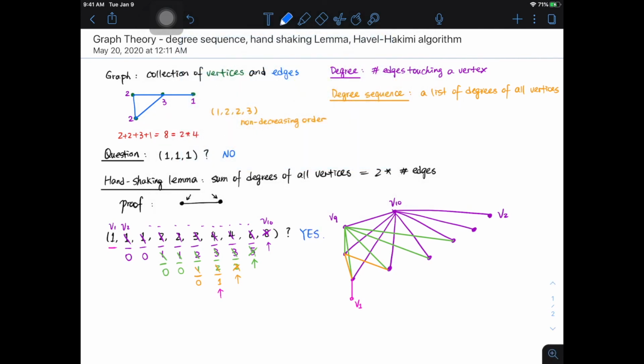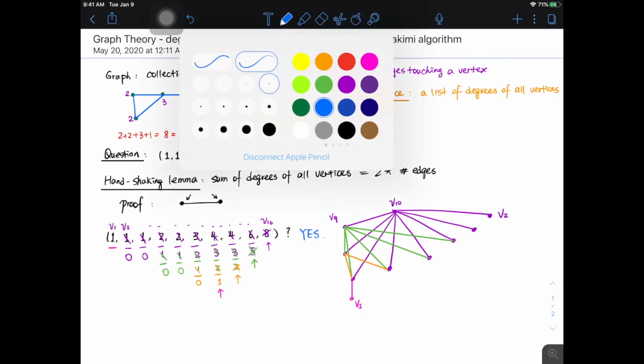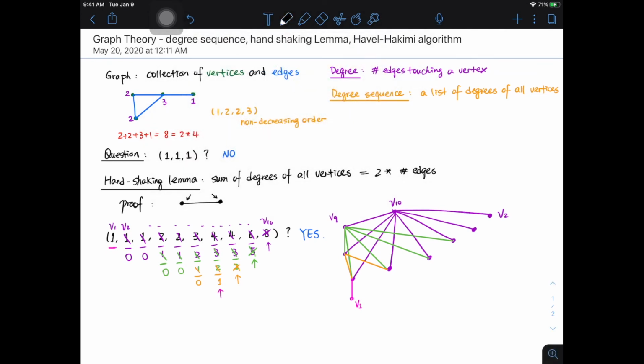What I demonstrated here is what is called the Havel Hakimi algorithm. What is good about this algorithm is that if the degree sequence actually works, then following this procedure will always give you a graph whose degree sequence is what you want.